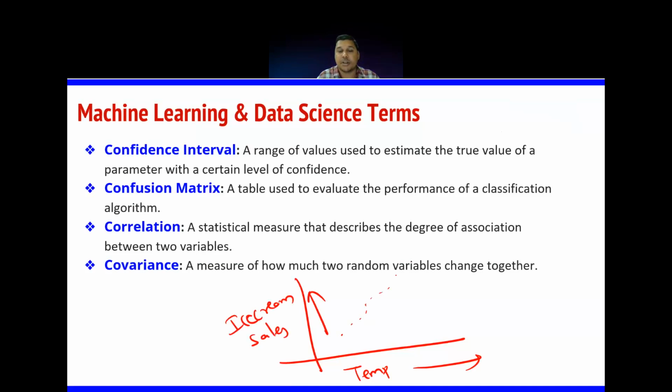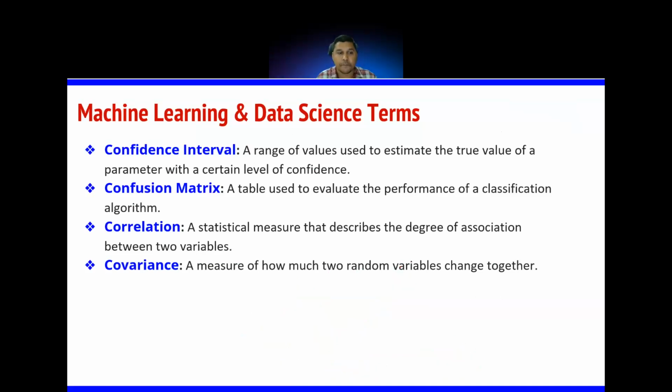If that is observed, then we say the covariance between these two is in a positive direction, it is positive covariance. It tells a measure of how much two random variables change together. Anyhow, we use this covariance to calculate correlation.